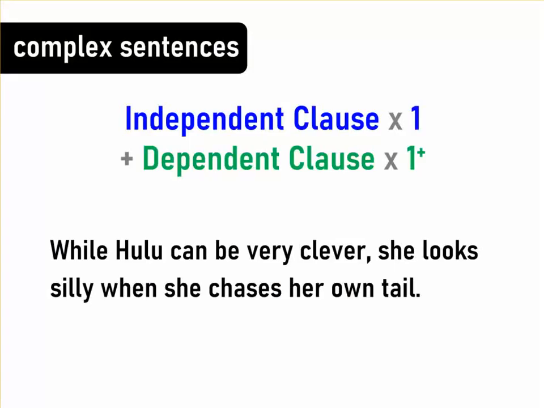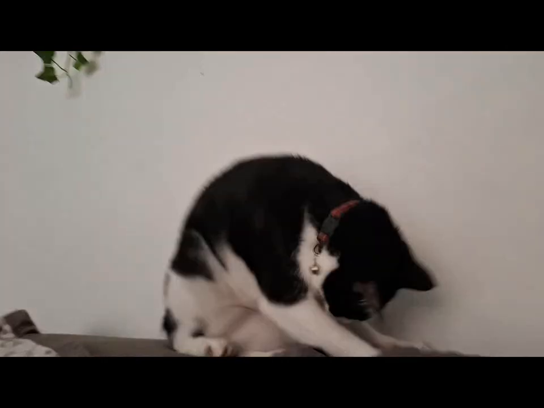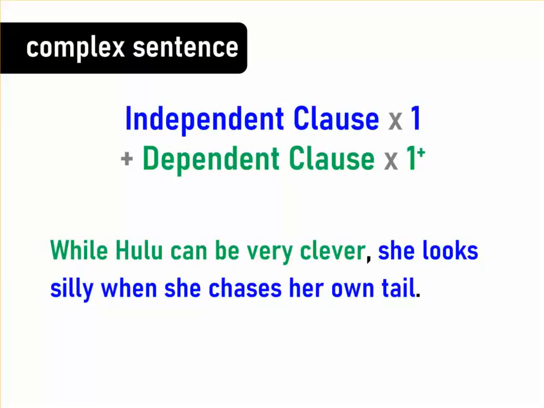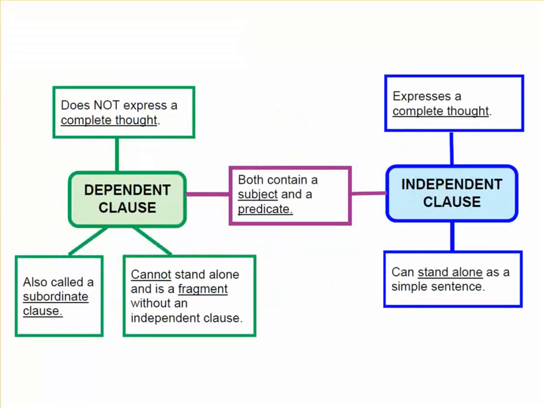That's actually true, by the way. In this sentence, while Hulu can be very clever is the dependent clause, and she looks silly when she chases her own tail is the independent clause. You can refer to this visual chart for a quick review of dependent and independent clauses.